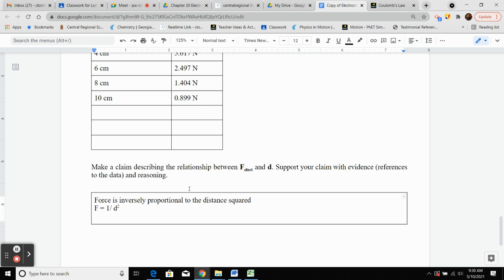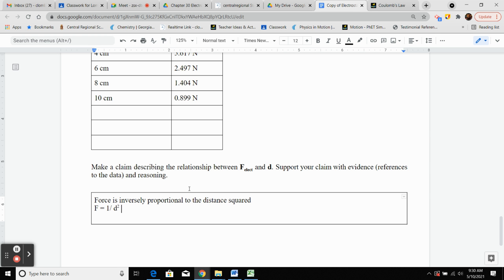So it works that way as well. If you shrink the distance, you cut the original distance in half, so instead of them being out here, you bring it to half of the original distance. Well, now it's 1/2 squared on the bottom, which would be 0.25. You flip it, it's the same thing as multiplying it by 4.